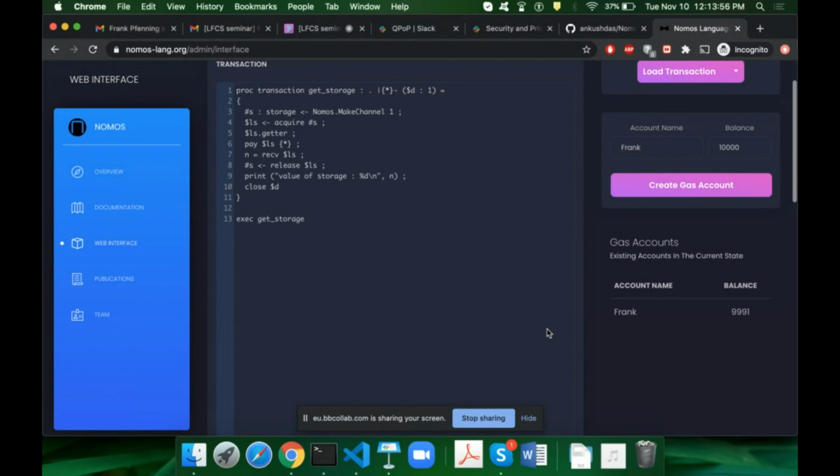That's one of the things that we are looking to implement into the Nomos language, some of these distributed deadlock detection algorithms. So that's what we do for deadlocks.